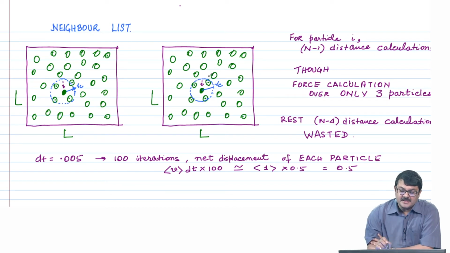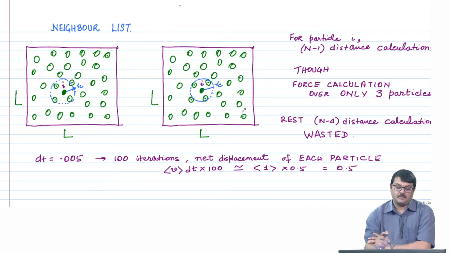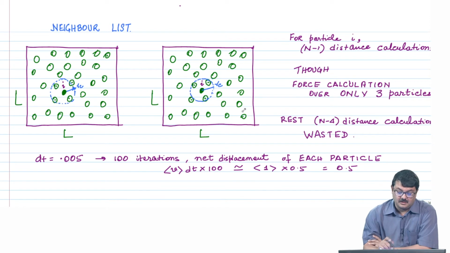So, the question is, since in even 100 iterations a particle I moves relatively small distances, can we somehow do away with the calculation of distances with all these particles which are much farther away from the particle of interest, here I?